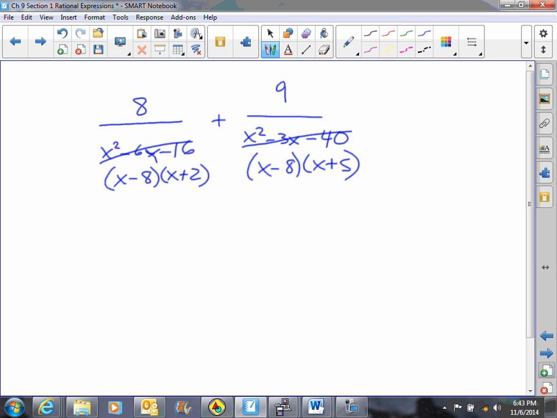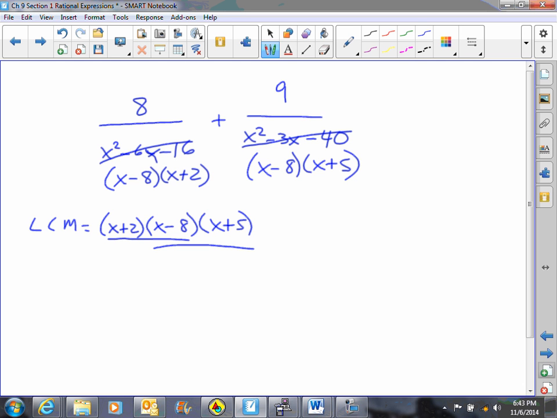Now our lowest common multiple needs to have a factor of x plus 2. It needs to have a factor of x minus 8. And it needs to have a factor of x plus 5. See, here's the first denominator right here. And here's the second denominator right there.